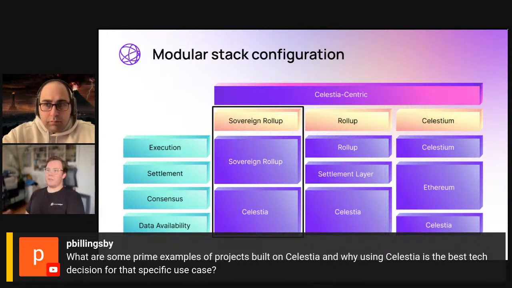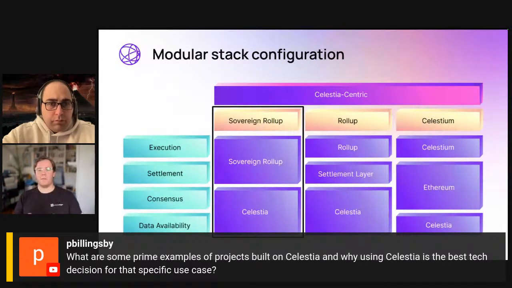You need to basically bootstrap a validator set. Creating your own L1, you do the same thing. So the main type of use case here is someone who's building a rollup. And I would say the type of projects that are really well suited for this are things like gaming, payments, social media, things like that, where the person building the chain needs to really specialize what each layer does.